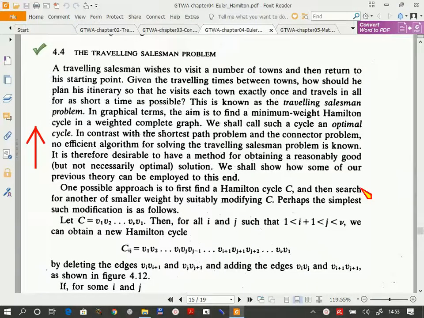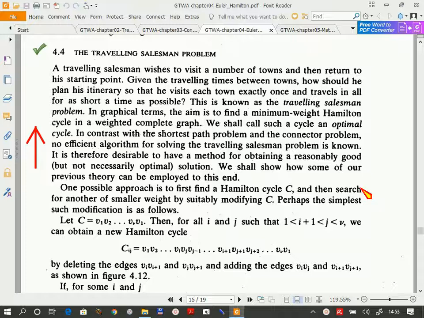And so the problem is to minimize the total length of the journey by touching all towns at least once, of course, it's better if only once. Okay? But the general problem is touch every town at least once, and minimize your total journey.